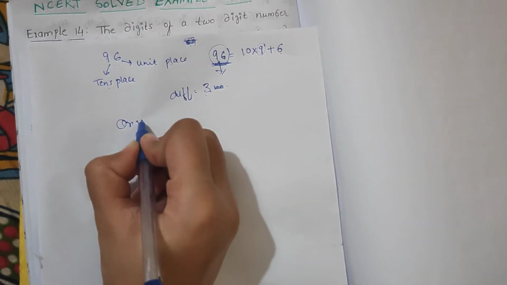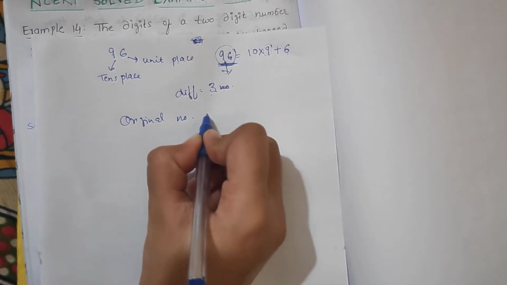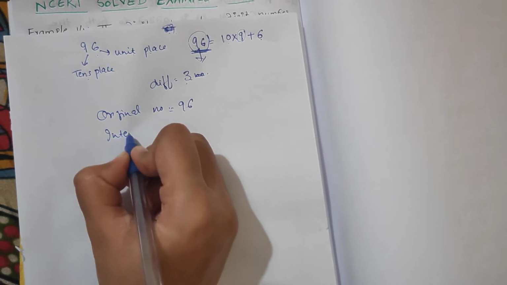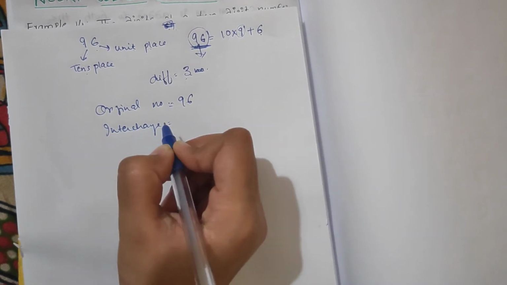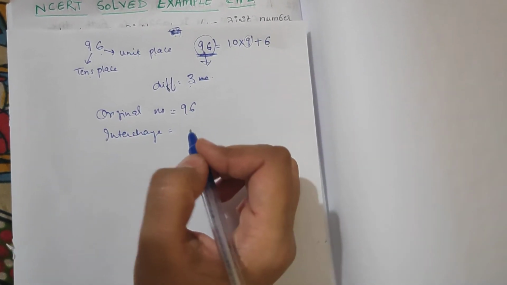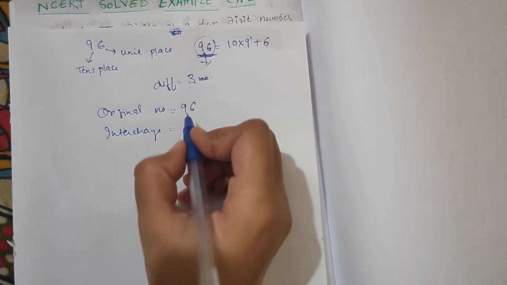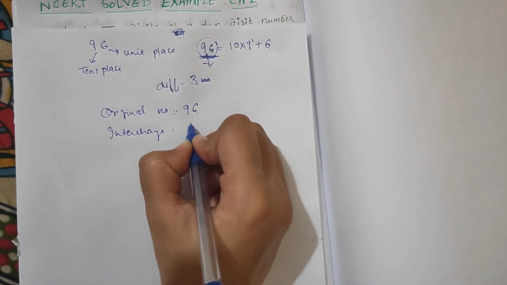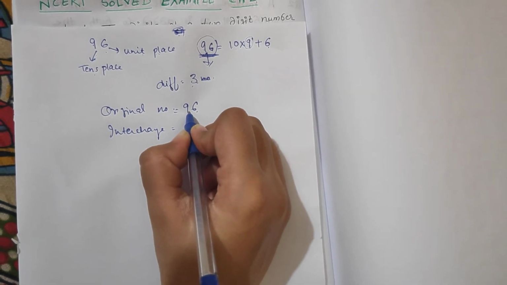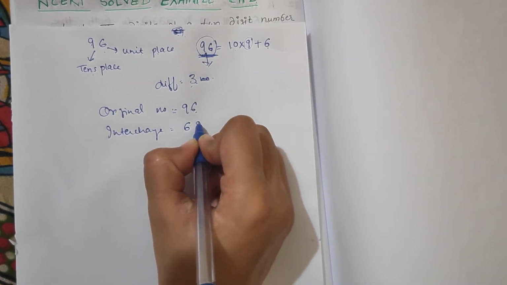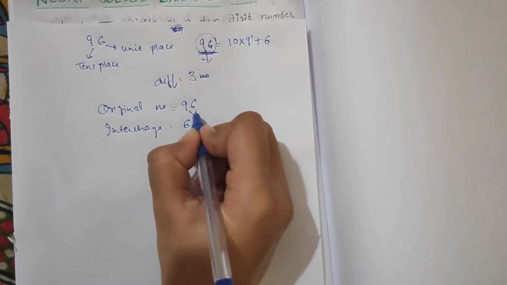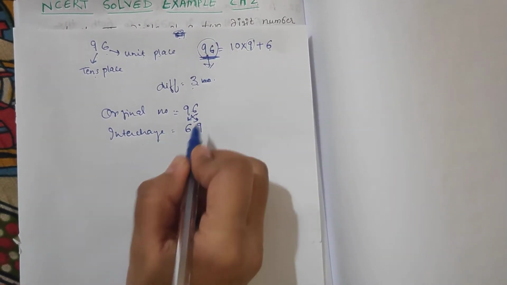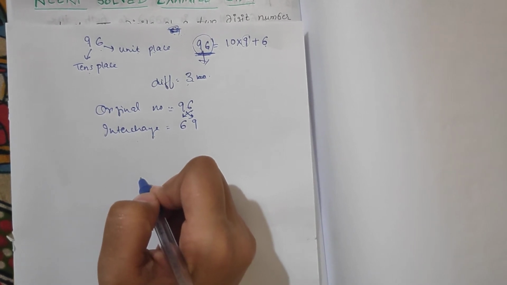If we have to interchange the digits, the digit at unit place we write at tens place, and the digit at tens place we write at unit place. This is the meaning of interchanging the digits. I hope this part is clear.